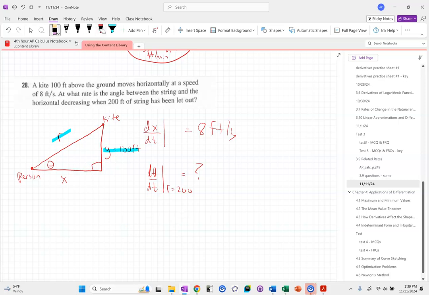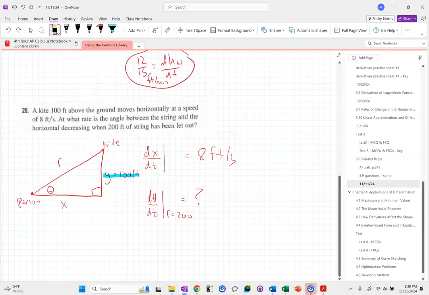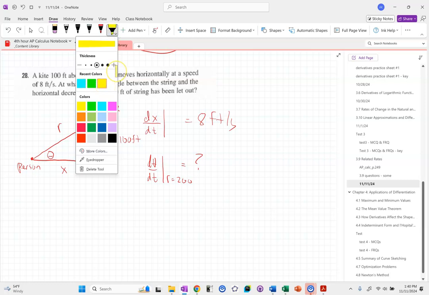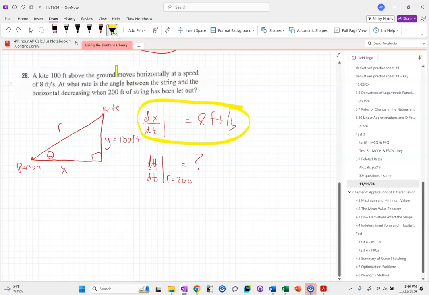Here. All right. Let's go back. So let's think about it this way instead. We know something about dx/dt, right? We know y is constant. We're going to find d theta/dt. What equation is going to relate x, y, and theta together?